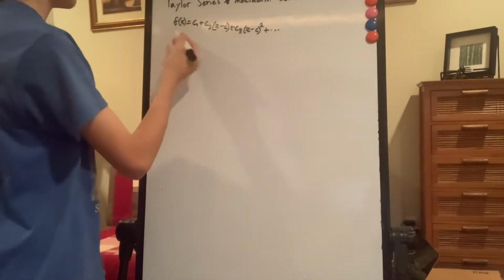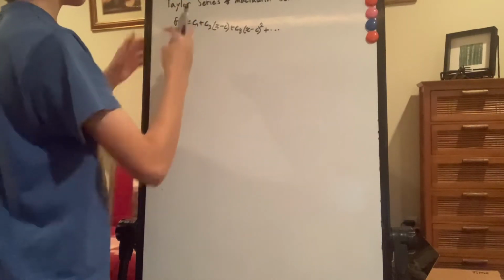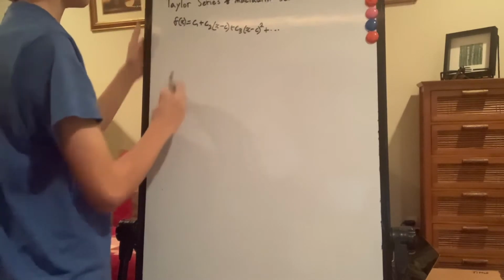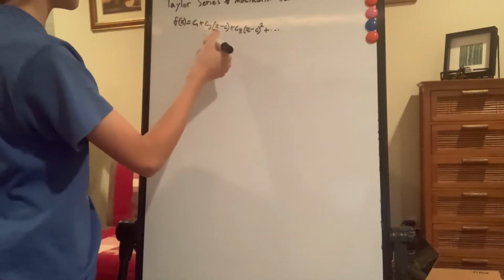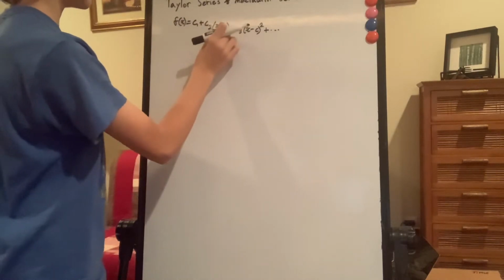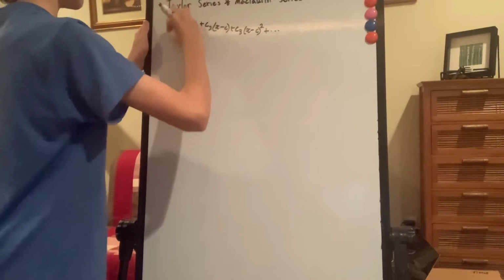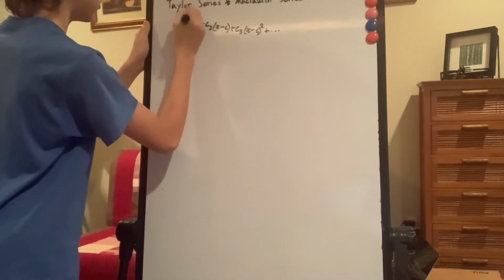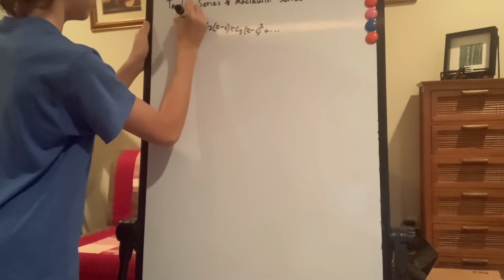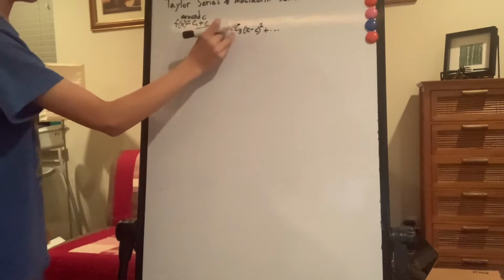So we need f of x, and the center in this case would be c. That's the center here. So in this case we would be looking at f of x around c. That is our center, okay?